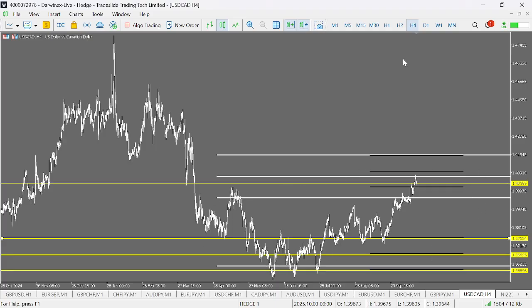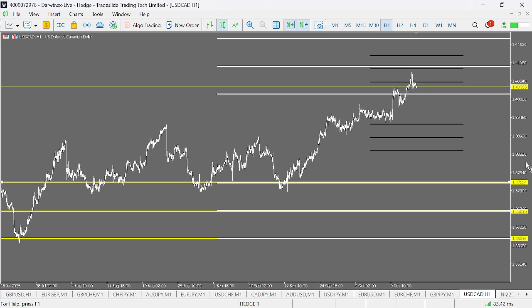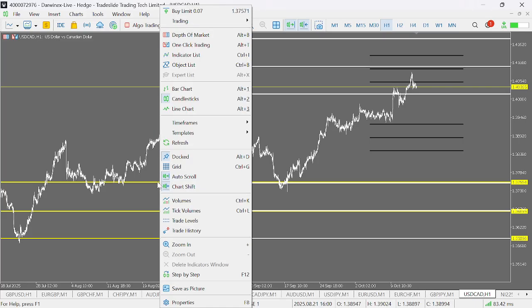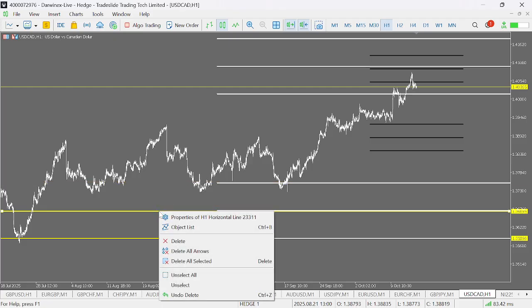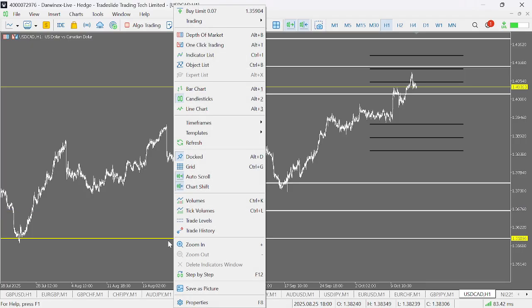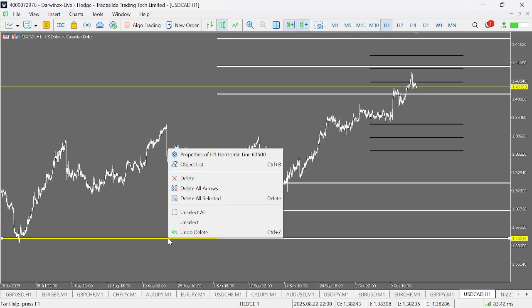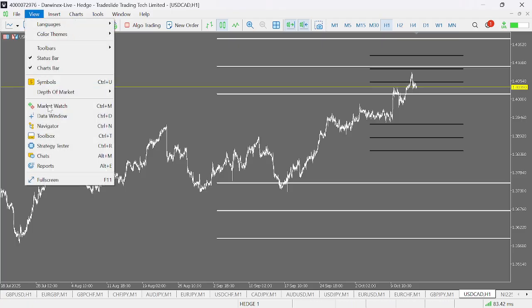All right. So what do we have? Oh, wait a minute. Let me remove these lines because the main thing is the standard deviation channel, 1 degree. This is 0 degree.